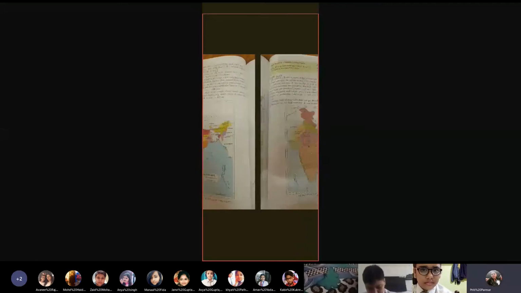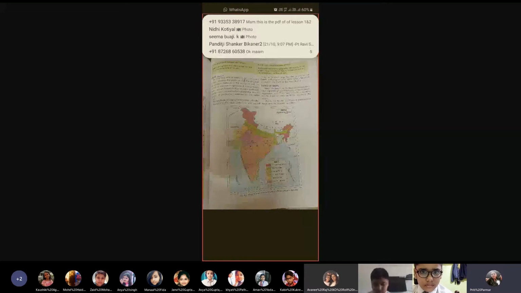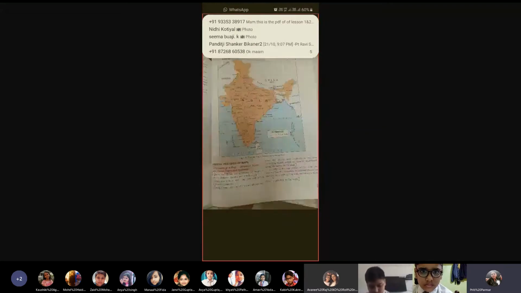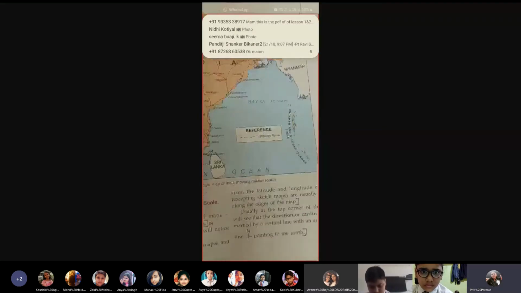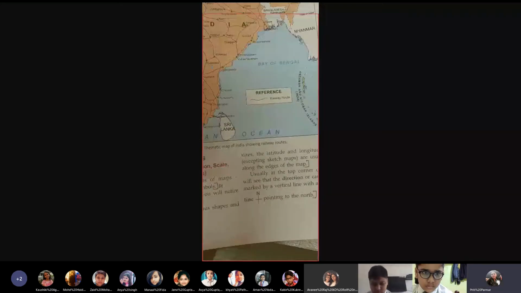So many a times it is the direction which is shown through this N. Can you see this here? Now in most of the maps it is drawn always, to show you which direction they belong to, which is the north. So north is always pointed out. Clear?